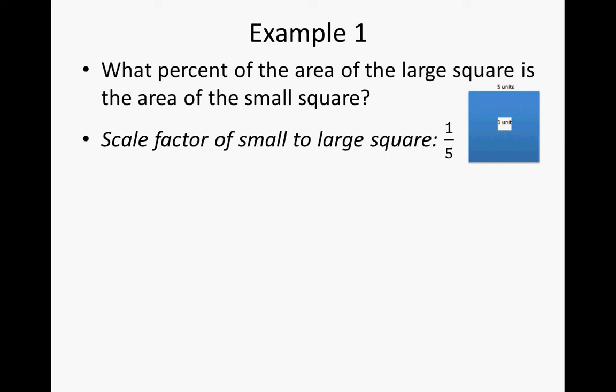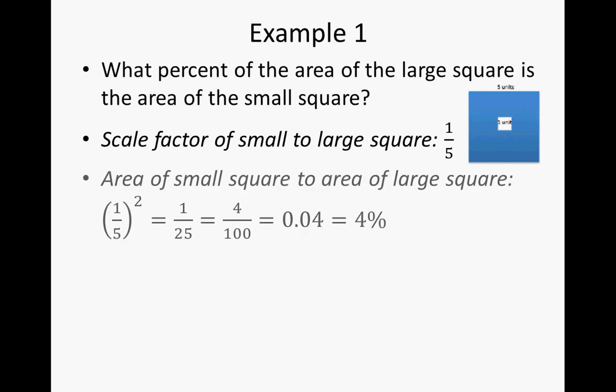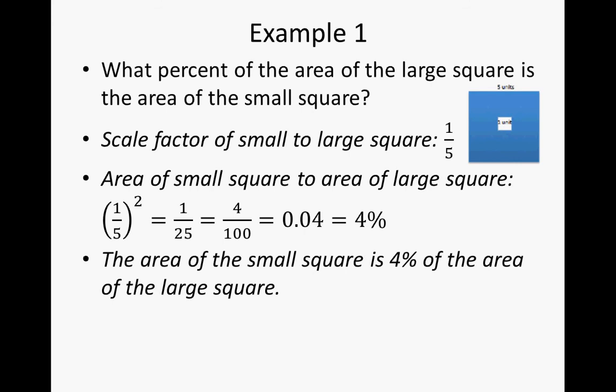Because if we're going from large to small, then that means it's a reduction, so it has to be less than 1, so that's why it'd be 1/5. So now the area of the small square to the large square is 1/5 squared, which is 1/25, which is 4/100, or 4%. So the area of the small square is 4% of the area of the large square.